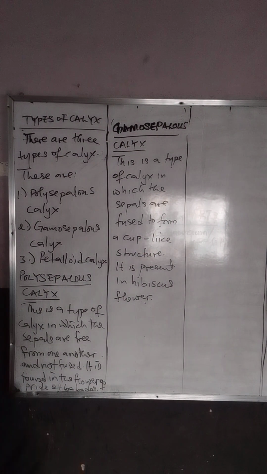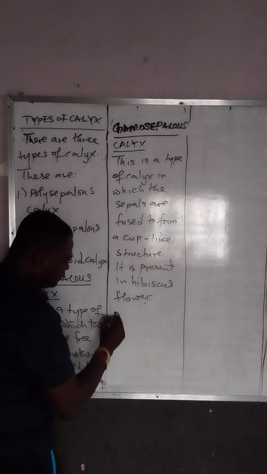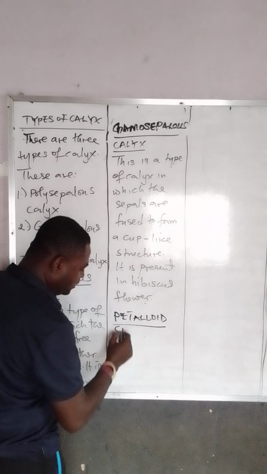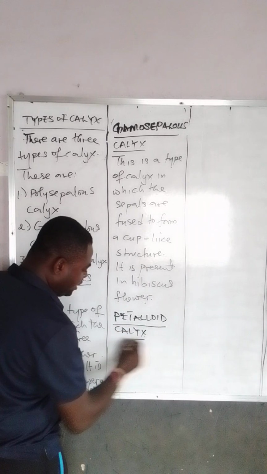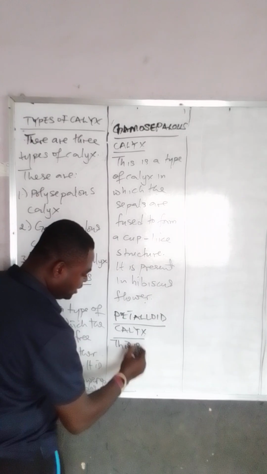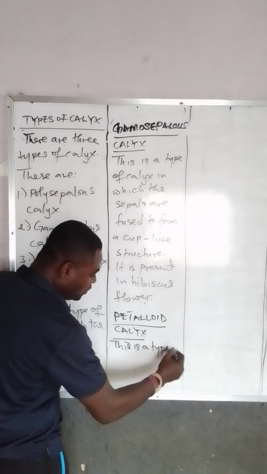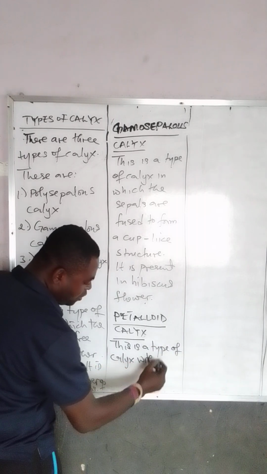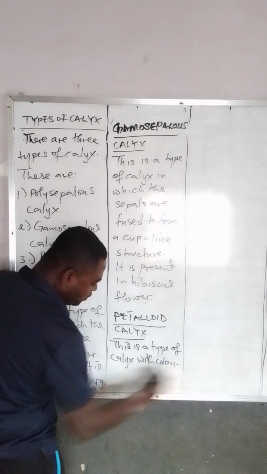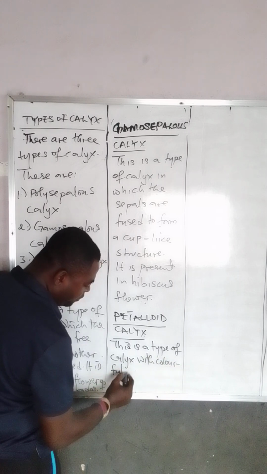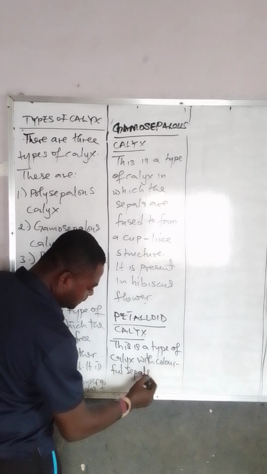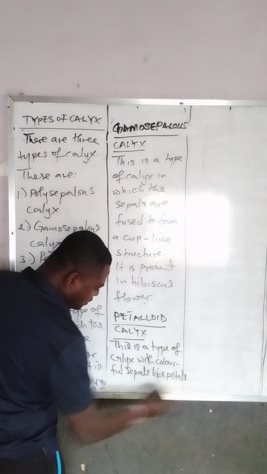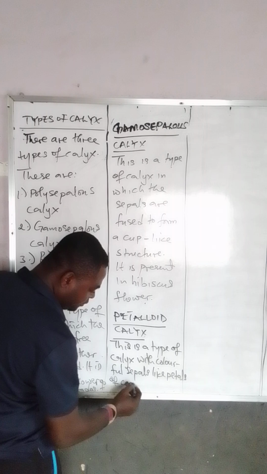Now let's look at the third one, which is petaloid calyx. This is a type of calyx with colorful sepals like petals of corolla.